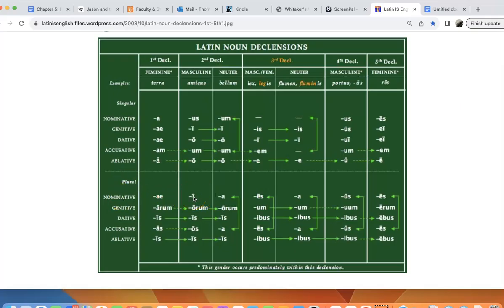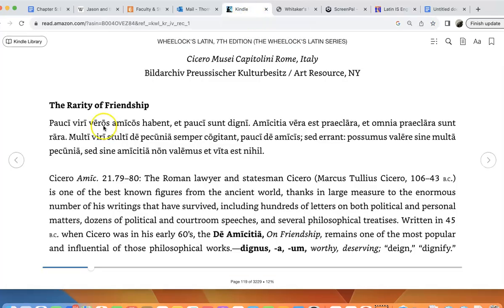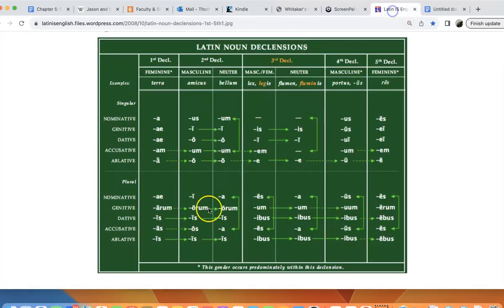That ends in I. But then we need to be able to recognize that veros amicos is the accusative direct object in the plural second declension. And then habent is just our verb, agreeing with few men. So pauci viri amicos veros habent. There's our pauci viri. There's our amicos. And then habent is our verb.